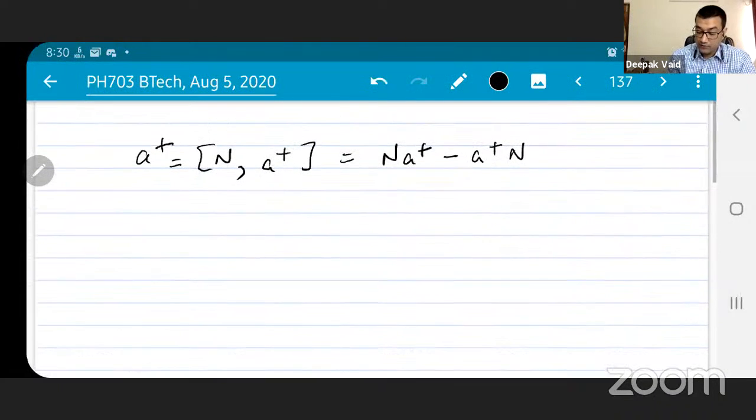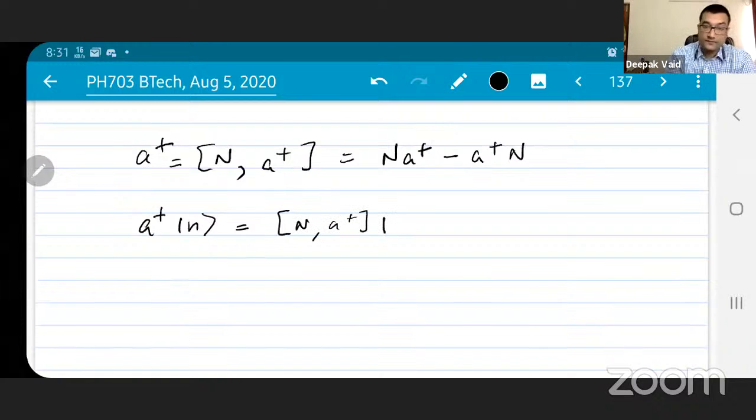Now we want to ask what happens if you take A dagger and apply that to n. We can take both sides of this equation and write it like this. Now we can substitute this expression in here and see what happens.